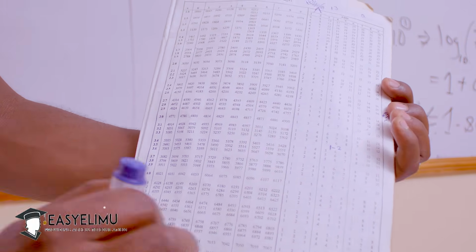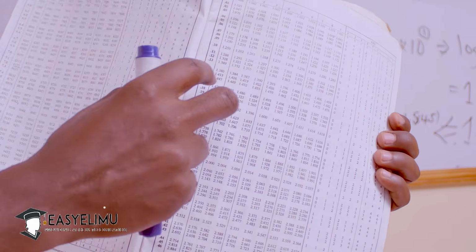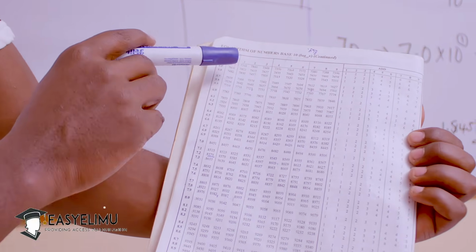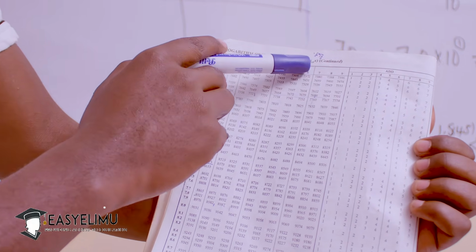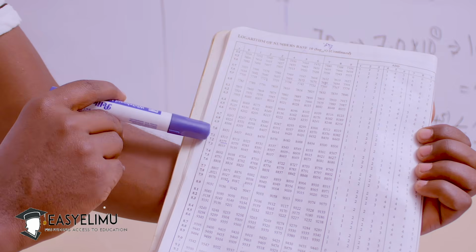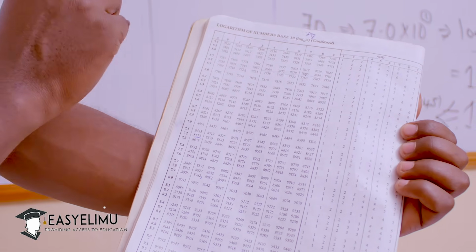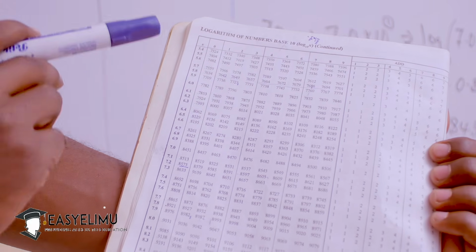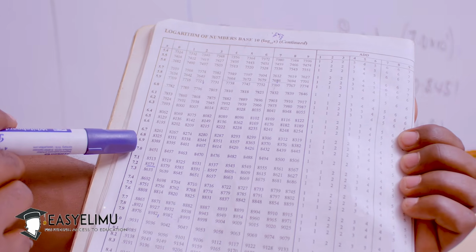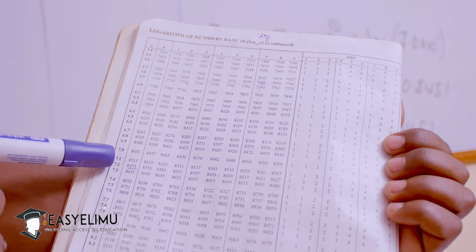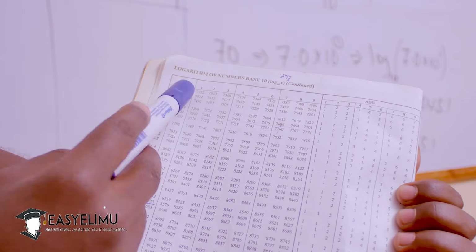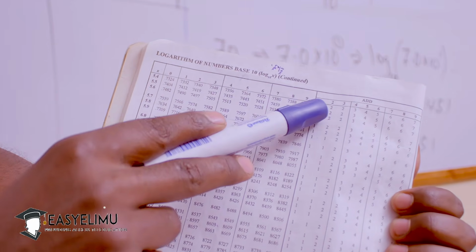So you turn the page and go to the next page, and you will find the same heading, but in brackets it says continued, and then locate 7.0. Since our 7.0 has no additional digit, we shall say it is 7.00, and we go to the second section of the table, which runs from 0 to 9.